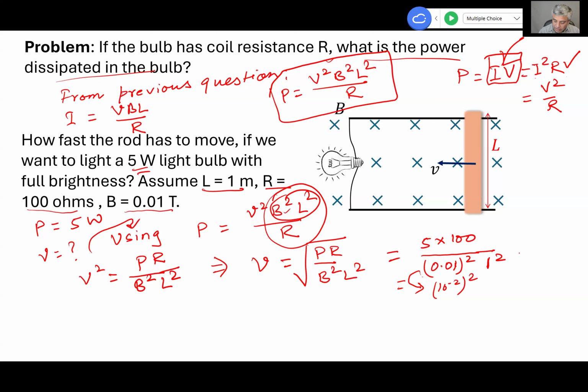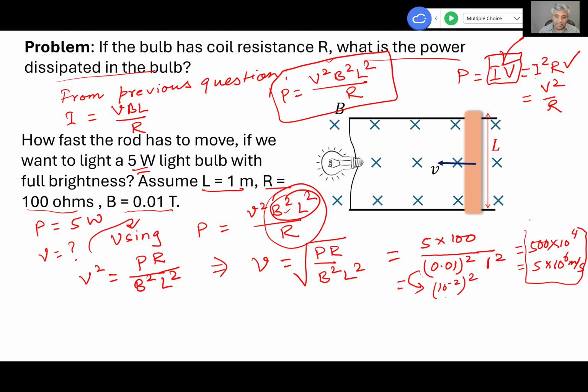So we have 500, and when this comes up, it becomes positive 4. So this is like 10 to the power 6 meters per second, a million meters per second. That's very impractical, so that's why we don't use this method to generate electricity.